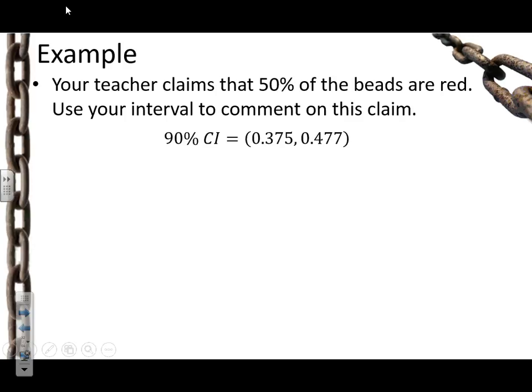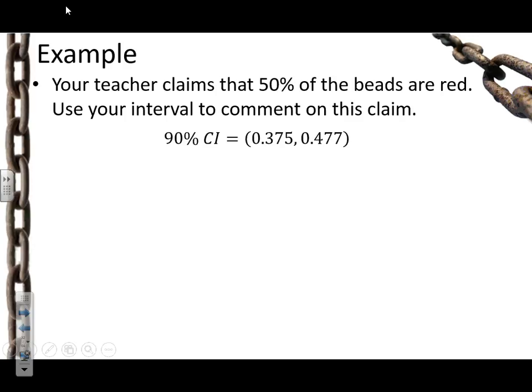So the teacher is saying that 50% of the beads are red. Does our confidence interval support or contradict that claim? It would contradict. Why? Because 50% doesn't show up in our interval, right?